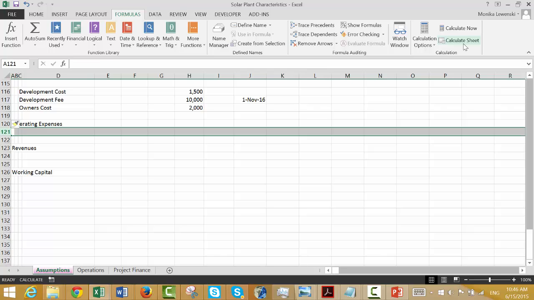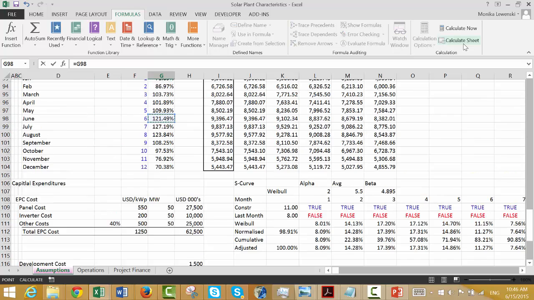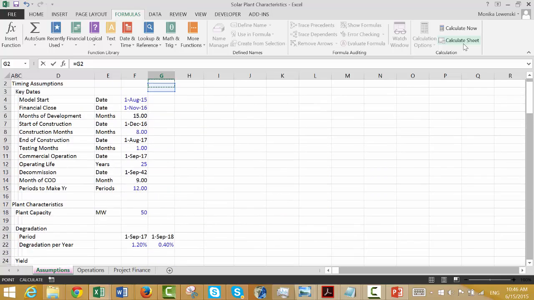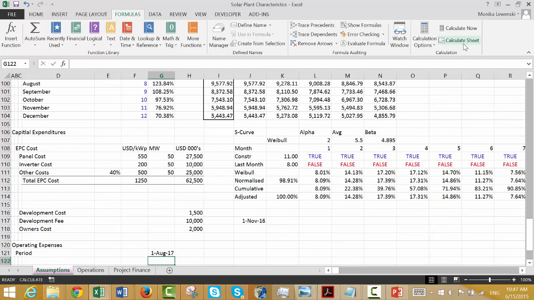And let's put period. Okay, and let's begin with, you know, we're going to use our NA function here. So before the end of construction, we're just going to start with the end of construction.